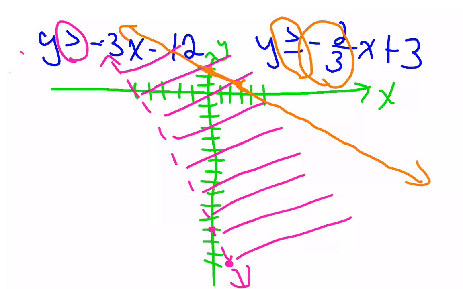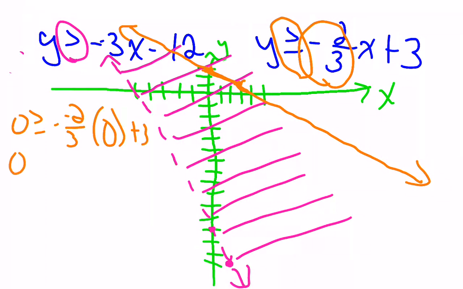And we have to determine which side to shade. So 0, 0 looks like a great idea. So 0 greater than negative 2/3 times 0 plus 3. So we have 0 is greater than 0 plus 3. Is 0 bigger than or equal to 3?